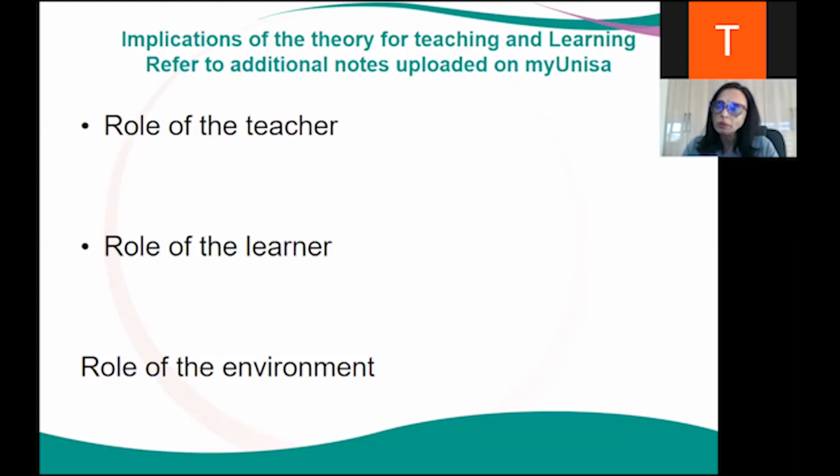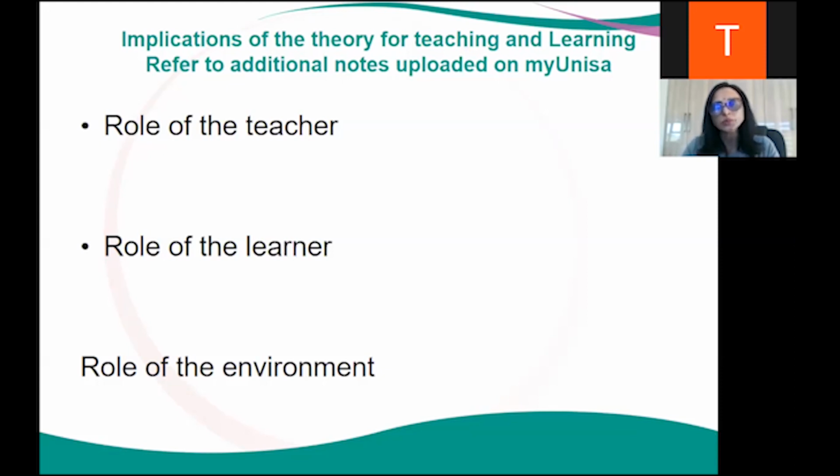And when you're considering the implications for teaching and learning, you need to look at the role of the teacher, the role of the learner, and the role of the environment. Students, I'm aware that the information is very limited in the learning guide. Hence, I uploaded some notes and documents that will help you have a better understanding of these roles.